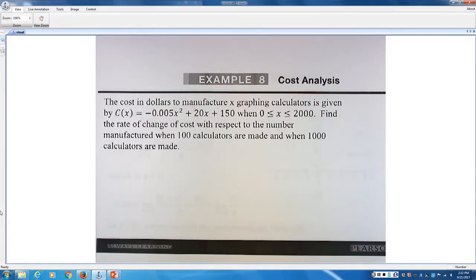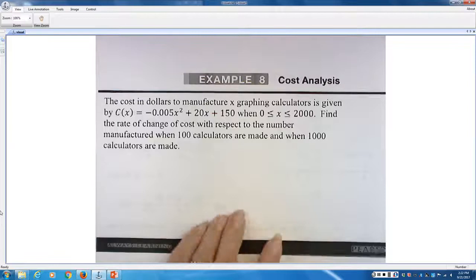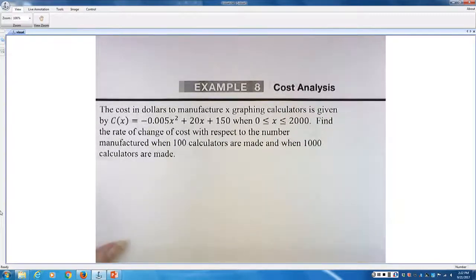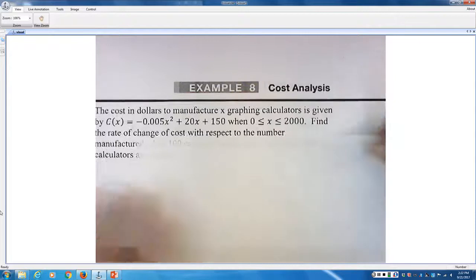So we're going to go once again step by step, but because I know it's going to take some room, I'm going to get a sheet of paper and copy down this cost function.